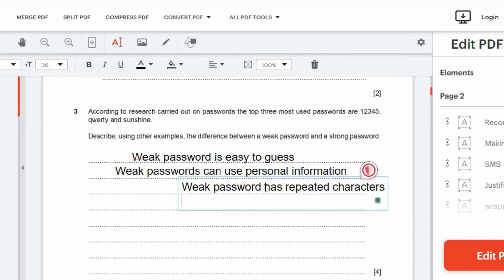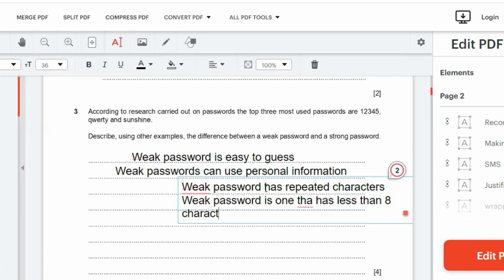Okay. So another one is, a weak password is one that has less than 8 characters. Then let's stop at this 4.